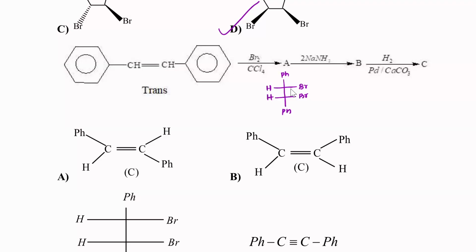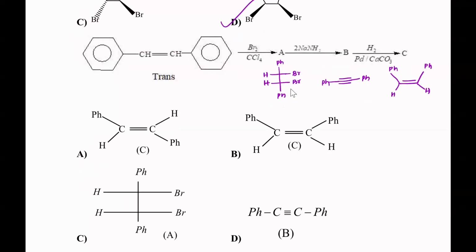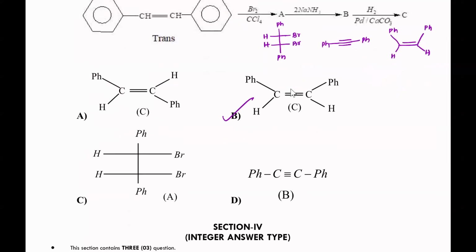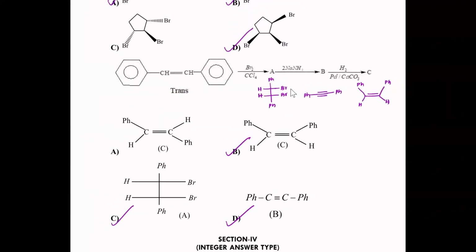Then you are performing 2 moles of NaNH2, so that means you will get an elimination product. So we will have phenyl here with a triple bond. And then you are making H2 add. It is Lindlar's catalyst, which makes a syn addition and converts it into an alkene. C, this one is correct. And for A, this one is correct. Okay, B, this one is correct. So B, C, D. Please check.